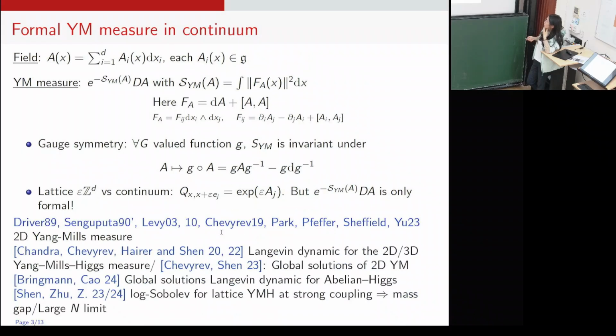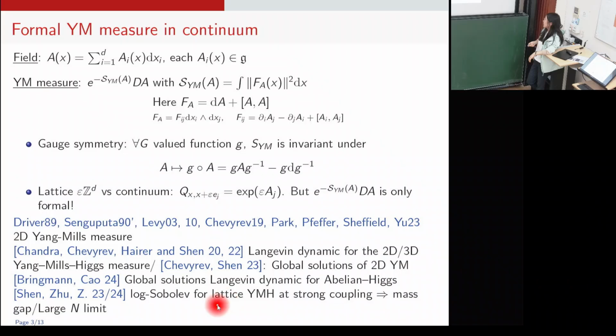And if beta is small, we can prove a log-Sobolev inequality for this lattice Yang-Mills model or lattice Yang-Mills-Higgs model, or some Poincaré inequalities. In this case, because the field takes values in the Lie group, we can use curvature and Bakry-Emery to derive such results.